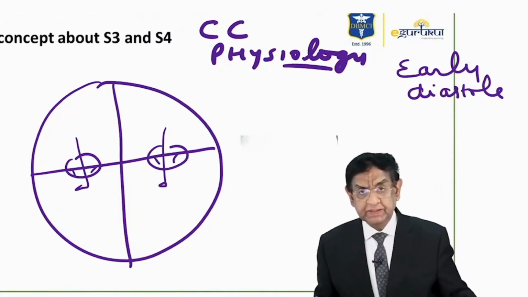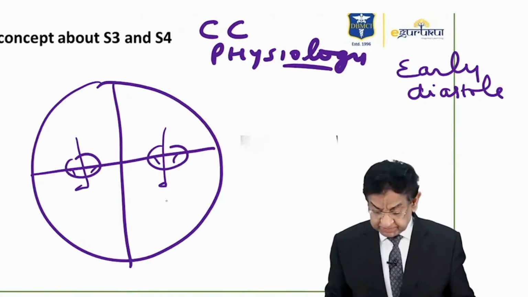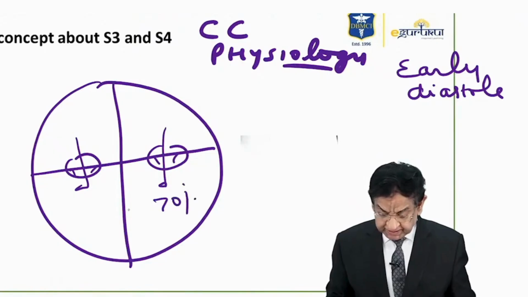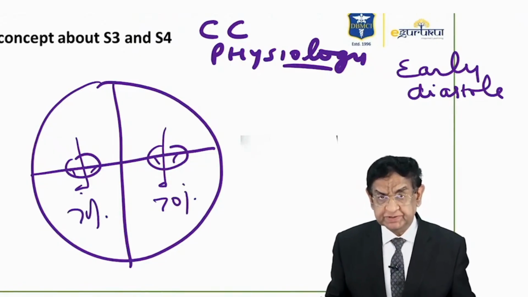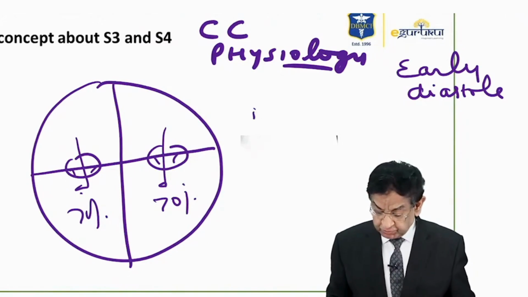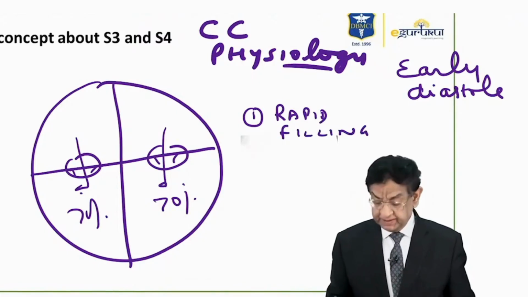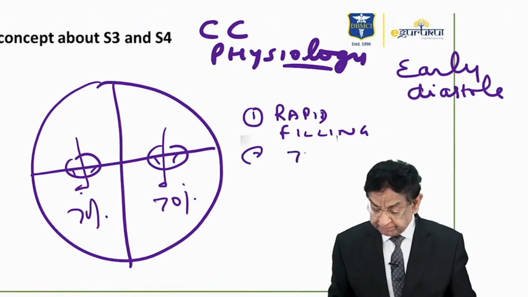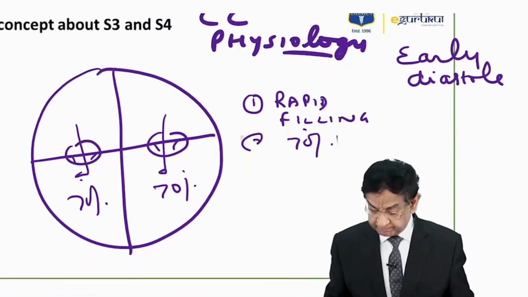In diastole, the valve will open, and immediately the blood will come. 70% of the blood comes from both the atria into the ventricles, and this is known as the rapid filling phase of the myocardium. As I told you, 70% of the blood comes into the ventricle from the atria.